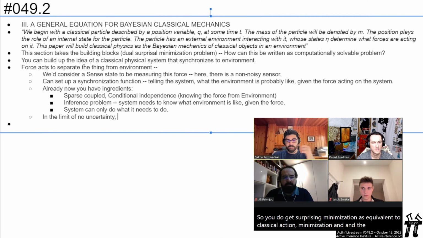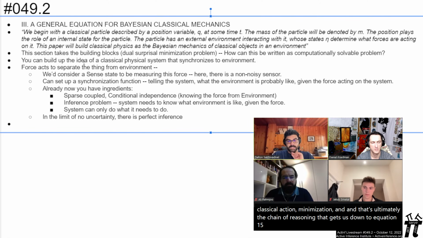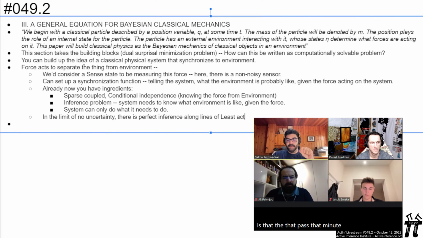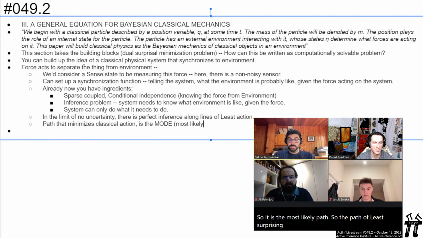And that's ultimately the chain of reasoning that gets us down to equation 15: the path that minimizes the classical action is the mode, so it is the most likely path, so the path of least surprisal. So you can structure classical mechanics as a least surprisal problem, and that gets us down to equation 15.